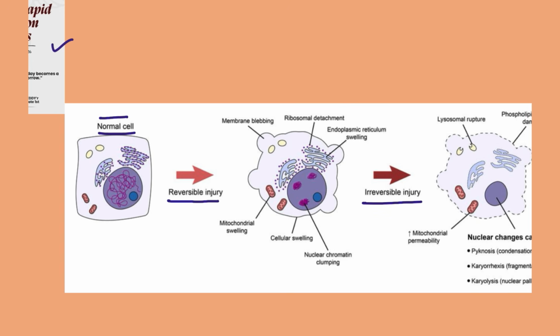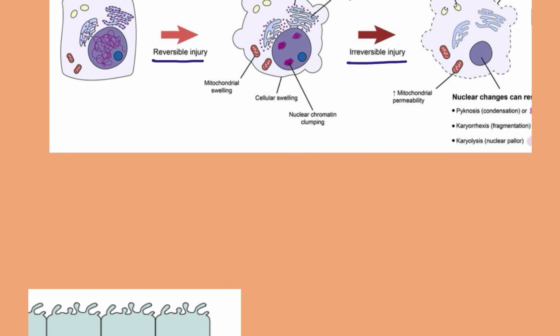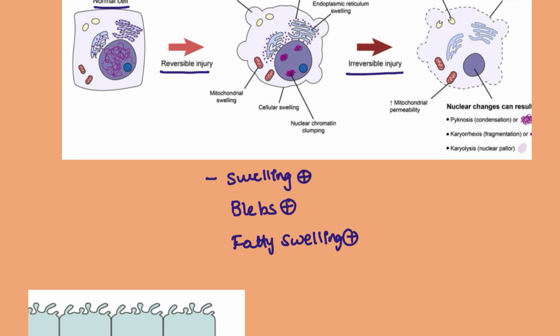So what are the reversible changes and what are the irreversible changes that you have to remember? First and foremost, in reversible injury, the cell will have swelling, and also the presentation of blebs, and lastly fatty change.